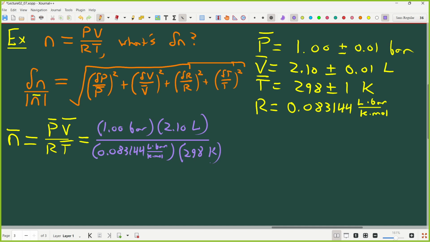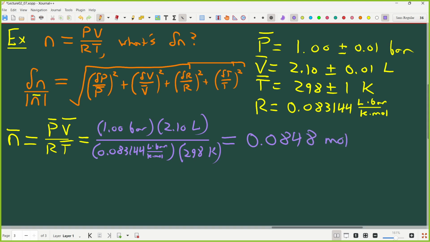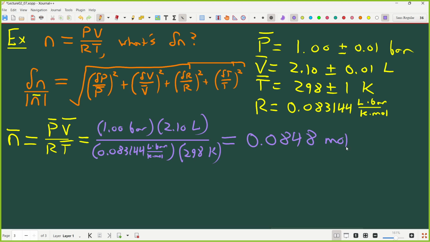And again, it's really easy. This is 0.0848 moles. Okay, so that's what we measure. That's our best guess value for n. But what's its uncertainty? Well, all we have to do is plug it in.